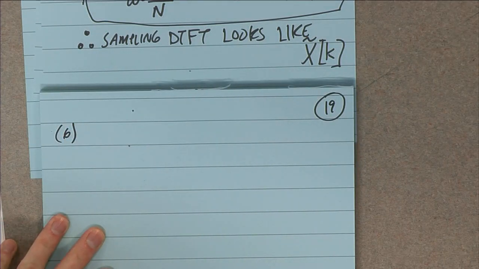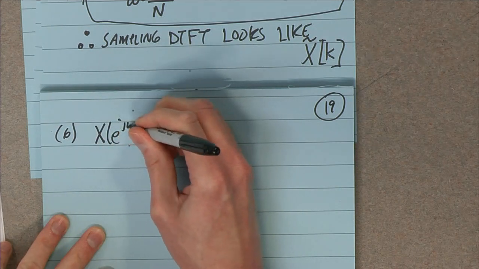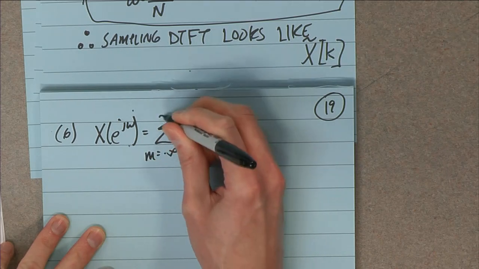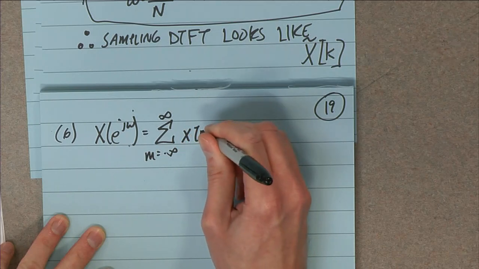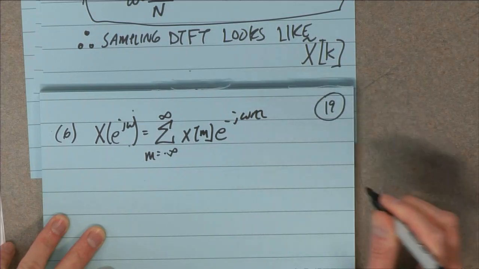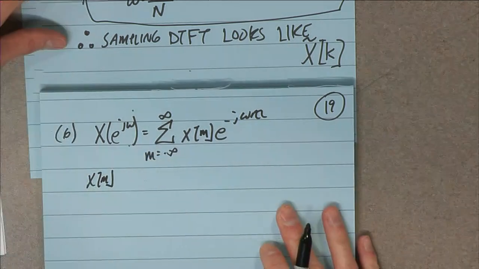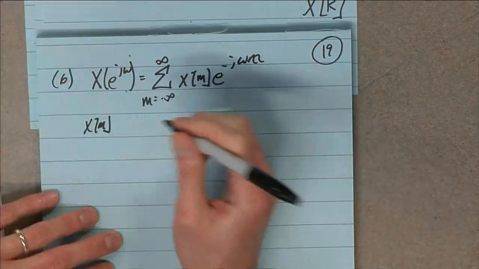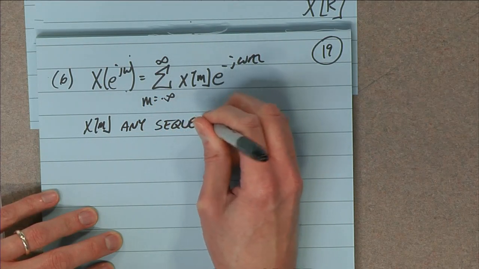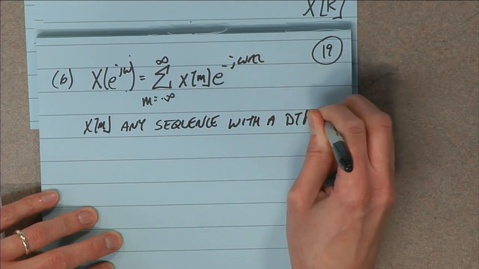So first of all, to get started, let's just get samples of a general sequence. We have some general sequence here, and I want to make that x of m. So x of m is any sequence with a DTFT. We're trying to start general here. Any sequence with a discrete time Fourier transform.